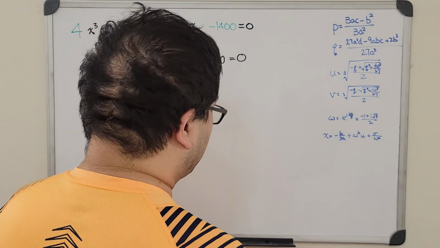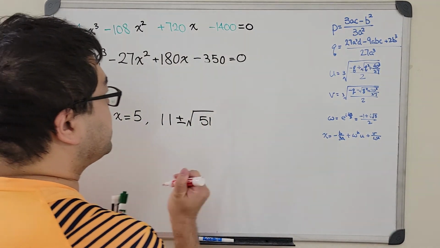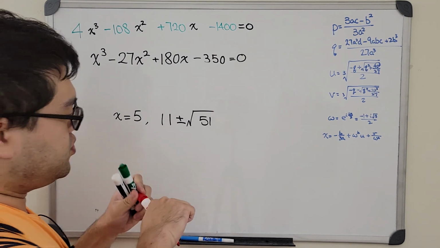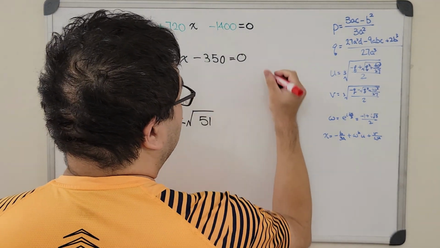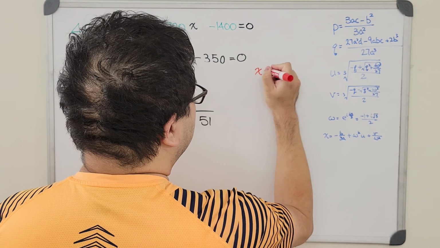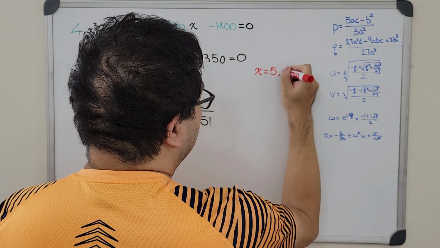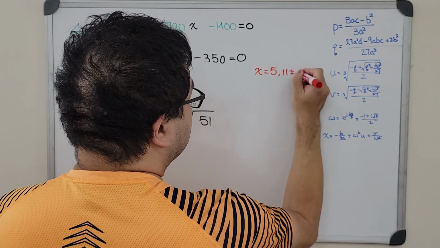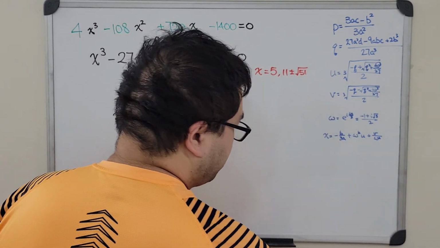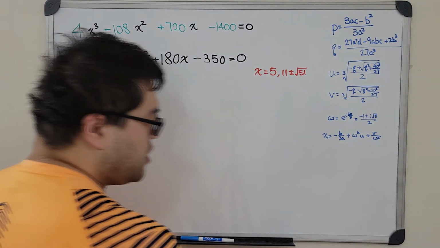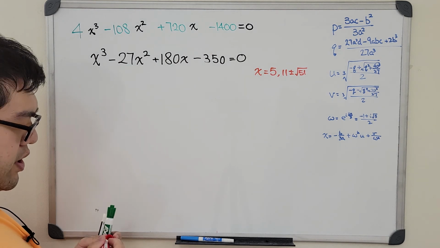So I'm going to write the correct solutions on the right hand side here, which will be 5 and 11 plus or minus radical 51. Okay, so here we go.